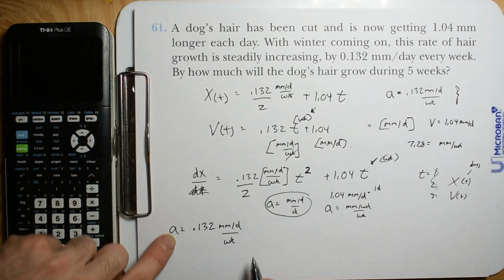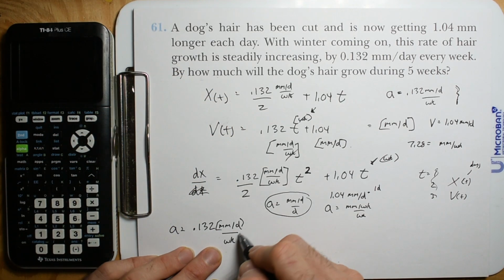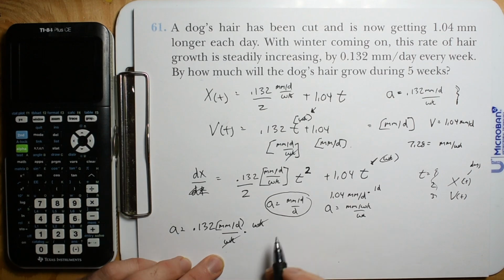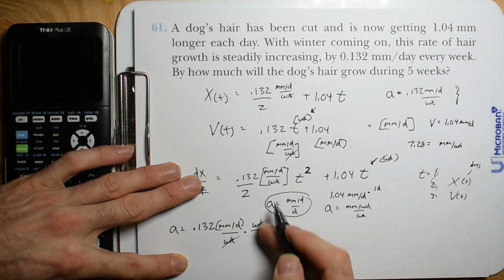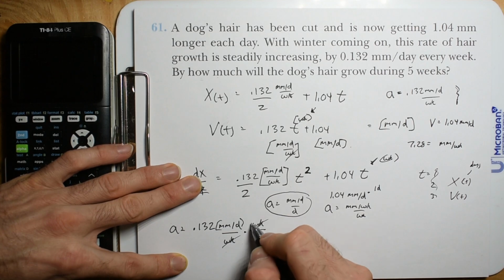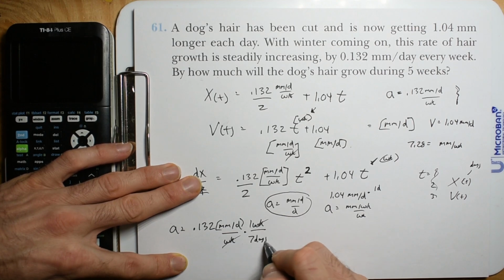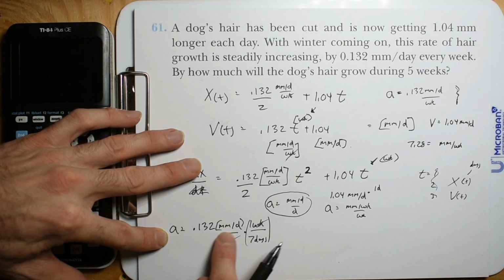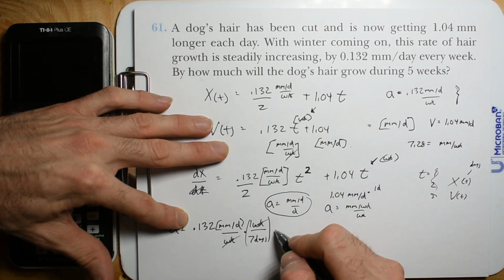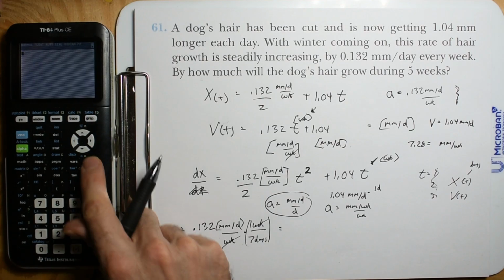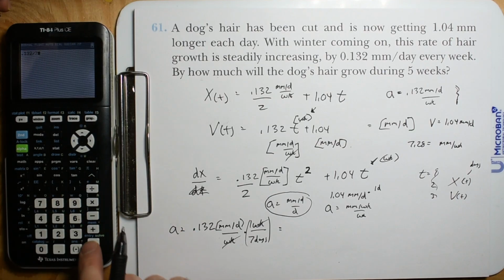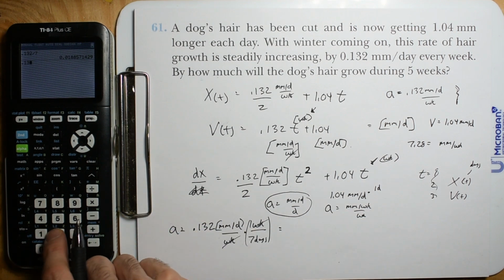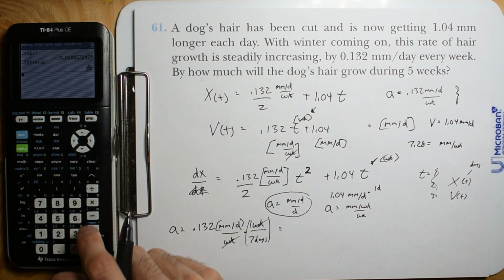All right, so let's just do it. So we have to cancel out this week, you know what I mean? And then we have to multiply by basically a ratio of 1. So 1 week is 7 days. And since we multiply by this ratio, it doesn't change the value of this acceleration. So that's going to be 0.132 divided by 7. We get a not nice number. Is that a fraction of any sort?